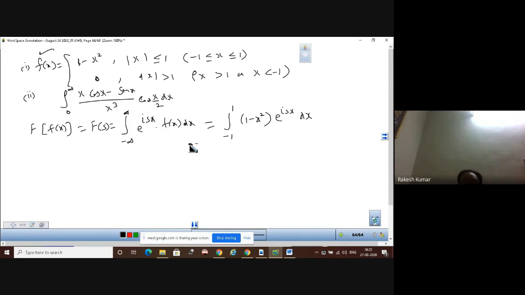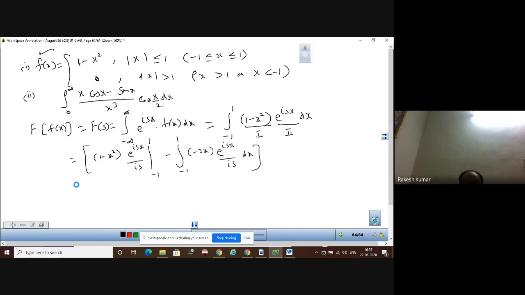And now you can integrate it by parts. First part is there and the second part is there. So first part, as it is, integral of second, e raised to power iota s x over iota s within the limits minus 1 to 1, minus the derivative of the first, that is minus 2x, e raised to power iota s x over iota s dx.